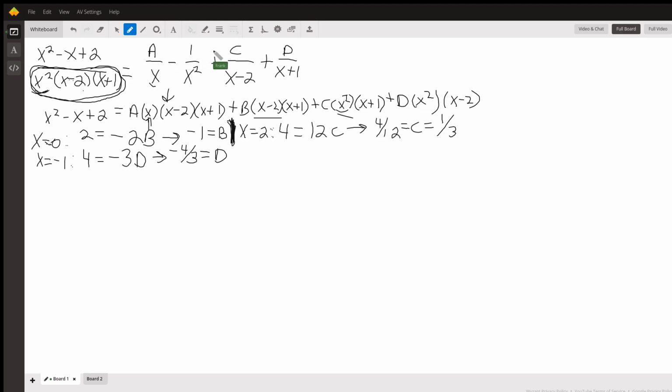I'll put the 1/3 in there. Whoops, I didn't get my eraser. I'll find a in a minute. 1/3 for c, and for d, I'm putting minus 4/3. So just write it like this. Minus 4/3.